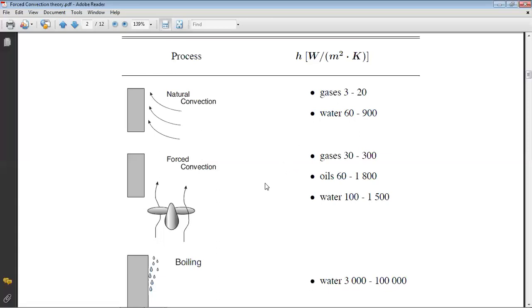Now, if you consider a forced convection, you can see there is an external agent schematically shown here. Now, for the same surface area as well as for the same temperature difference, for gases, the value of h ranges from 30 to 300, whereas for oils it is 60 to 1800, and for water it is 100 to 1500 watt per meter square Kelvin.